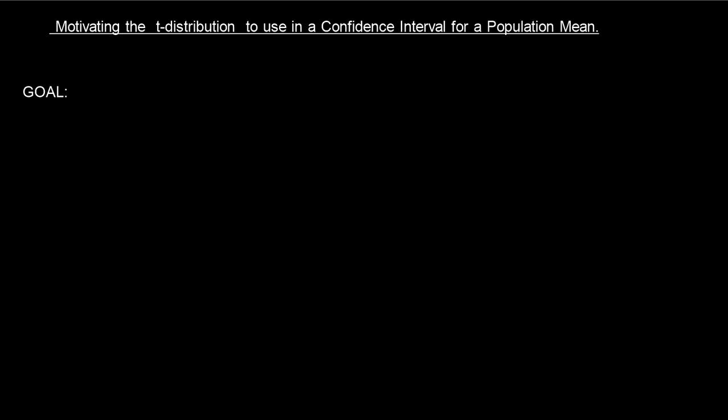Let's begin. One of our overarching goals we've seen in our course is that we use sample information to learn about populations. In particular, we are often using sample statistics to estimate population parameters. And so at the moment, one of our goals that we're going to focus on is estimating population mean mu with the sample mean y bar.